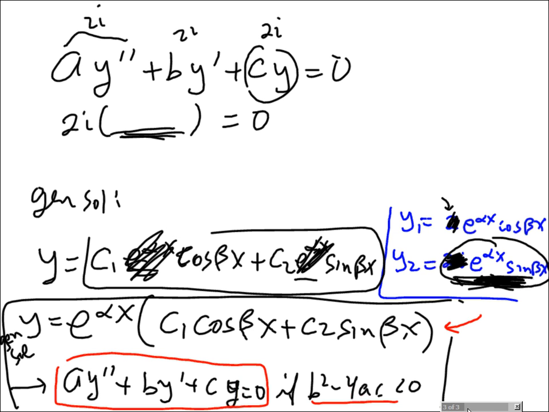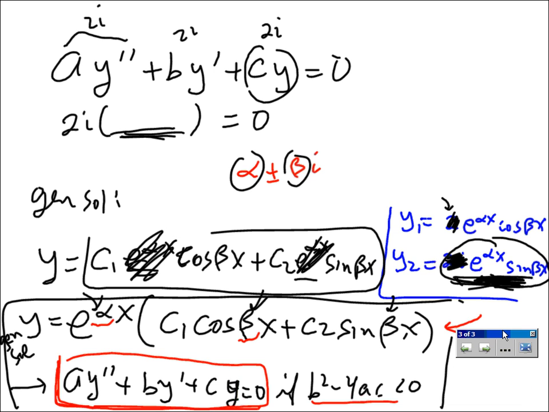Where do you get the alpha and the beta from? Find the roots. If the roots of this equation are alpha plus or minus beta i, now you have the alpha and the beta. Okay, a lot of theory. Now let's go and crank out some problems.